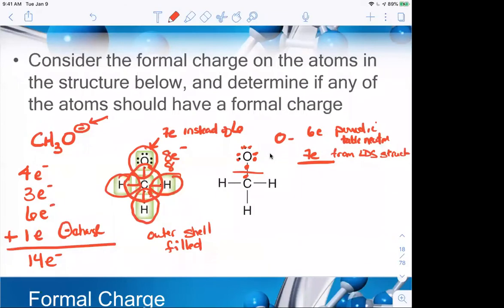So it has 1 electron extra, which is a negative charge. This oxygen is negatively charged, so I can put a minus there. Carbon, does that have a charge? It's supposed to have 4 electrons. I have 1, half the bonding, 2, 3, 4. That's actually 0 charge, right? So the negative charge is actually on the oxygen.